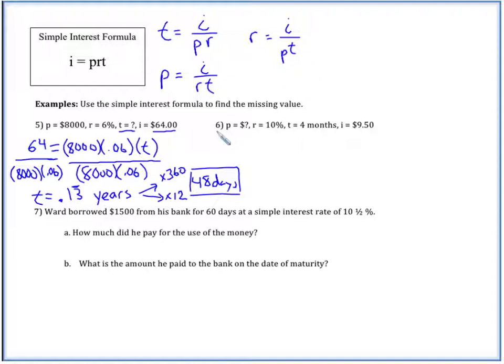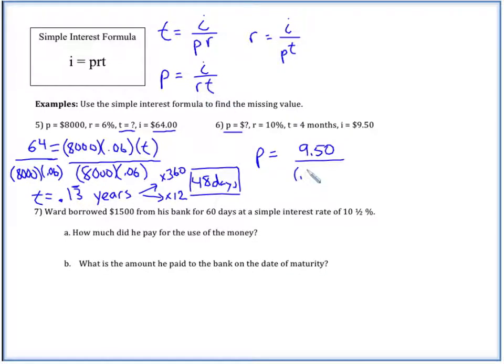So in example 6, we're looking for the principal. So we could actually go straight to this and go the principal equals the interest, $9.50, divided by the rate times the time.